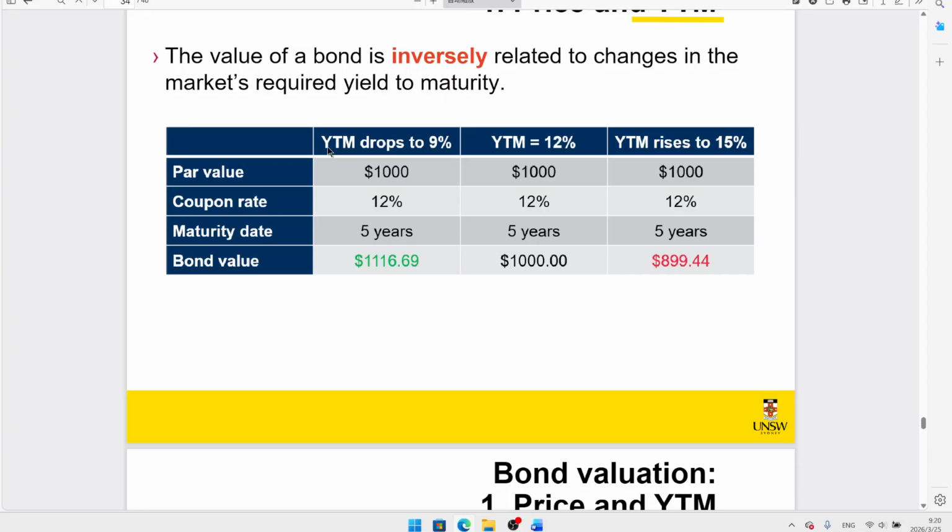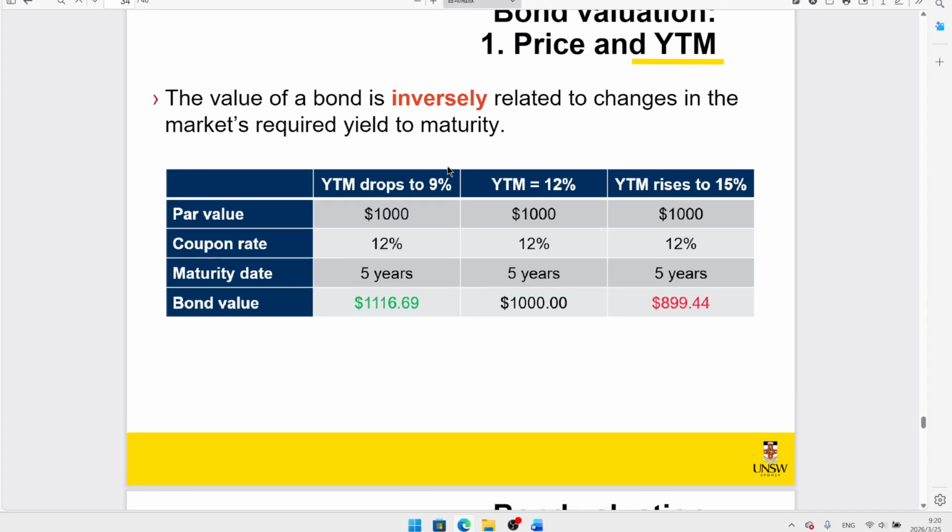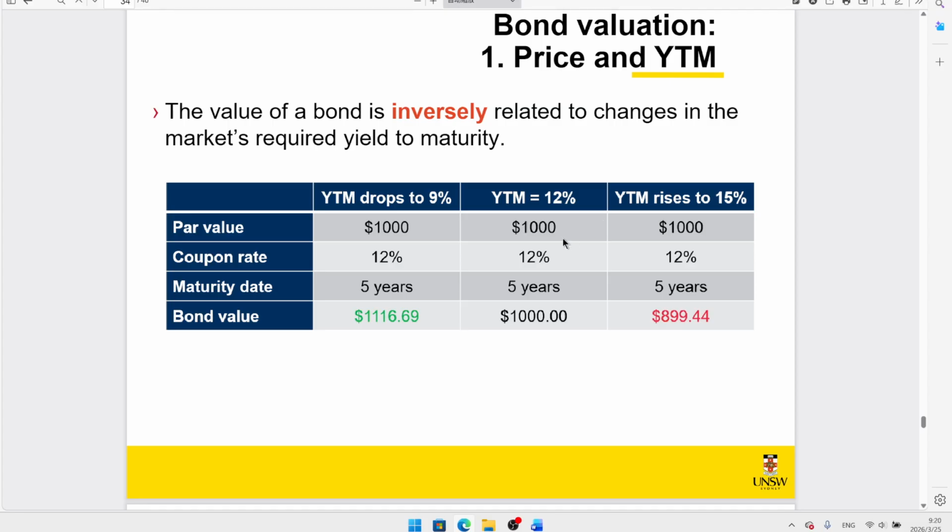We found that if the yield to maturity is lower than the coupon rate, the price will increase. The price will be higher than the face value. If the yield to maturity, YTM, is bigger than the coupon rate, the actual price of the bond will be lower than the face value.